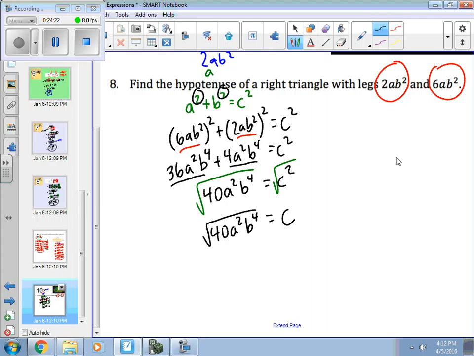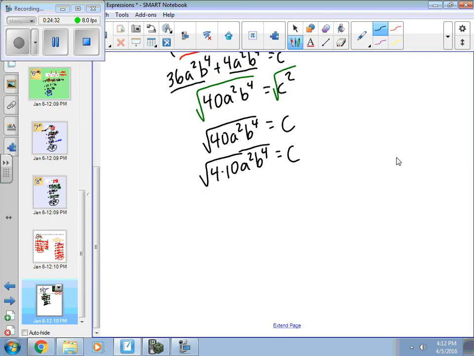There is a perfect square in 40 of 4. 4 times 10 is 40. So let's separate this into radical that can simplify and one that cannot. The stuff that can be simplified is 4, a squared, and b to the 4th, all simplify. 10 does not simplify.